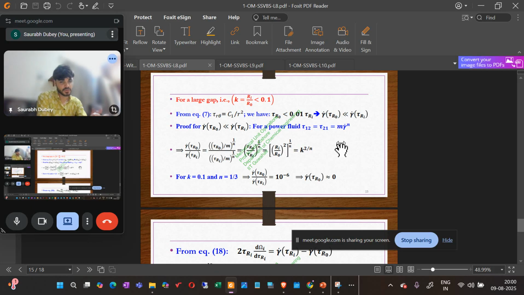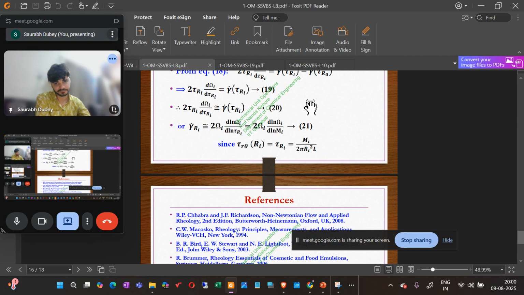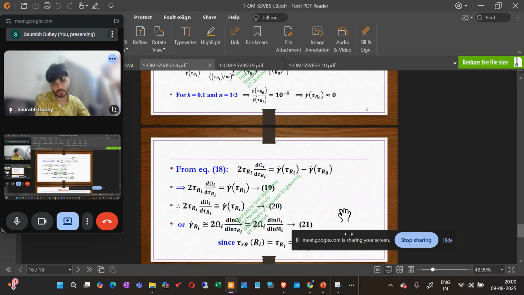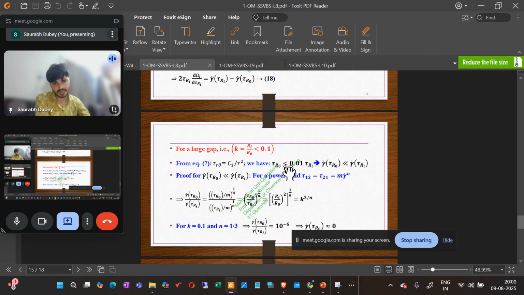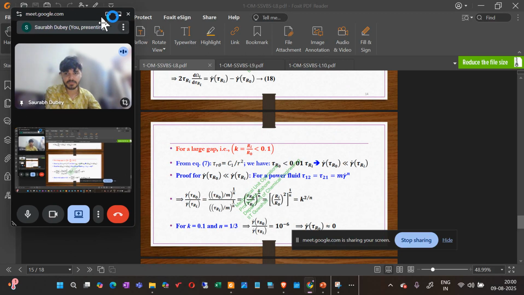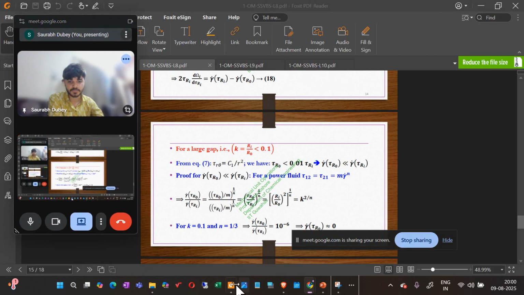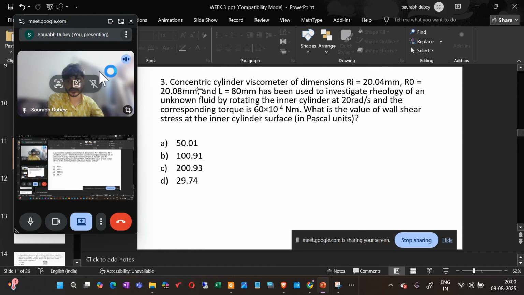Okay, so Ri is less than 0.1 times R0, right? So in that case, a different correlation of the shear stress and rate you have to utilize, and again this power law behavior is there. So let us solve this question.